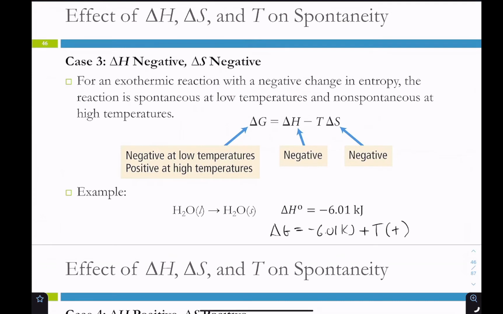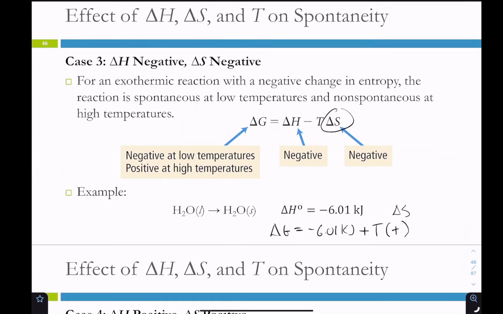And so now, depending on what this S value is, we can plug in a number for S and then multiply it by a temperature, and at some point, this will change from being negative to being positive. So depending on the temperature, we could have a spontaneous process at, think about this, low temperatures, and a non-spontaneous process at high temperatures.